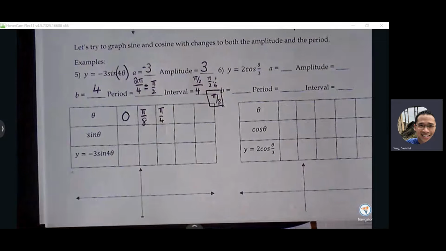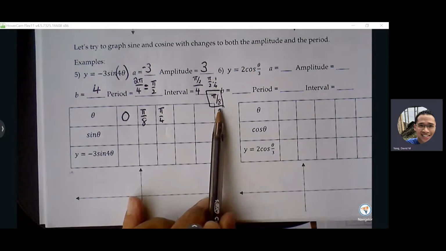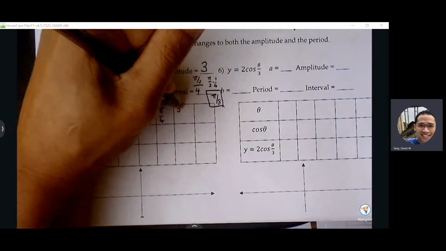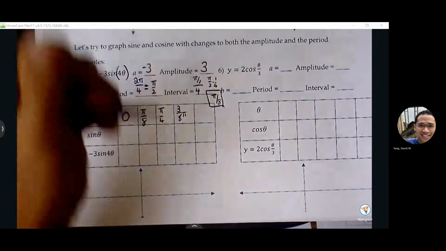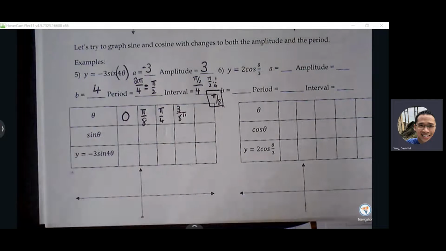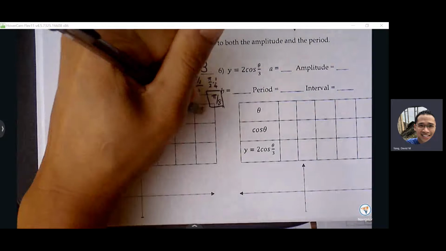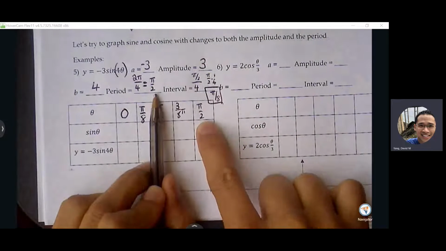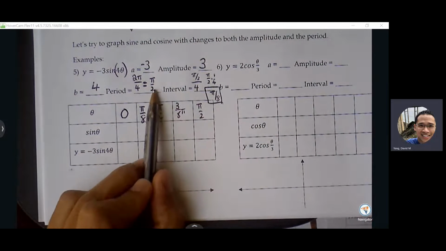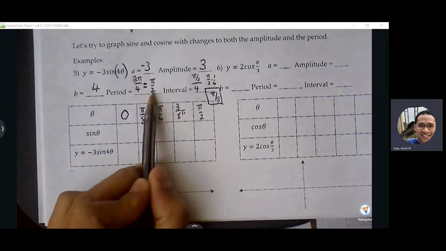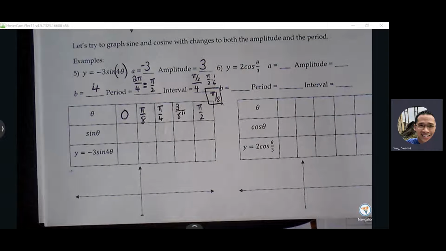But I'm going to keep that 2 over 8 in my head. 2/8 plus 1/8 is 3 pi over 8. 3/8 plus 1/8 is 4 pi over 8, which is pi over 2. And that's a sign that you're adding correctly, because you should end with the full length of the period.